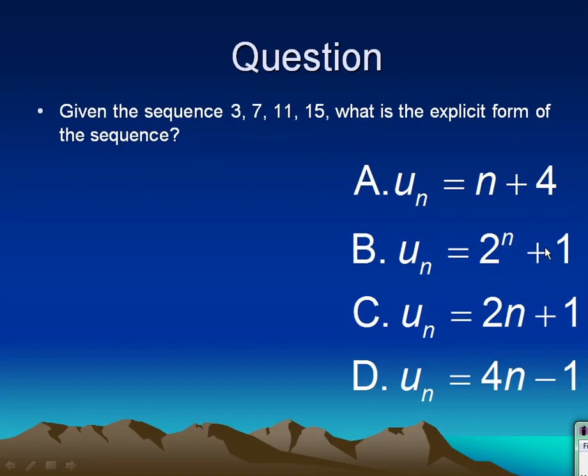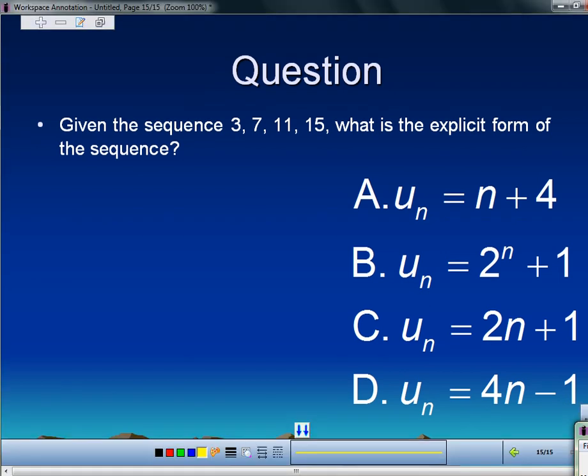All right, next sequence question. Given the sequence 3, 7, 11, 15, what is the explicit form of the sequence? Now, there are two ways to do this. One, we can solve it the way we discussed in class, where it's not a multiple choice setting. We know that we're adding 4 every time.